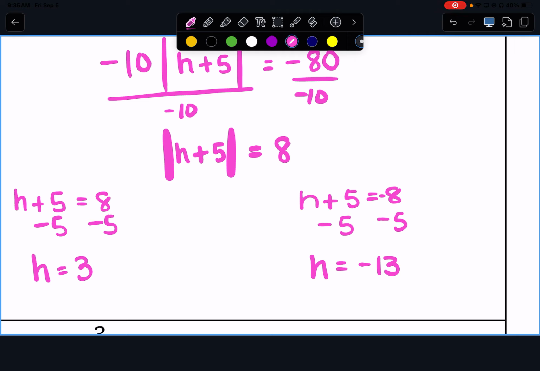Is that 3? Think about it like that. Negative 8, and then you minus 5. Make sure you show that. So you go minus 9, that's negative 13. Then how'd you get 3? 3 is from 8 minus 5. You did 8 minus 5 and you did 8 plus 5. That's all.